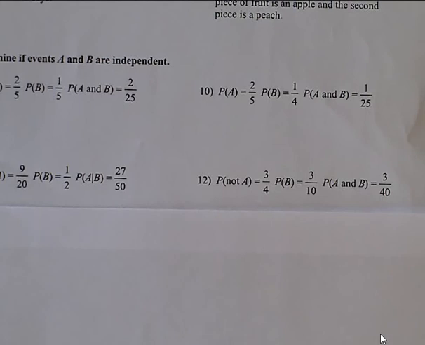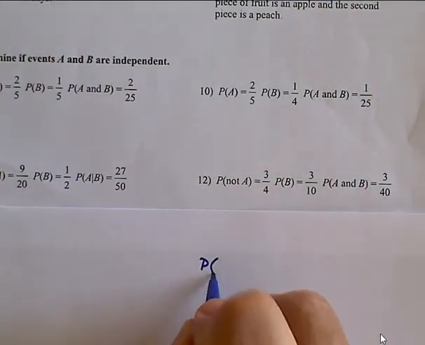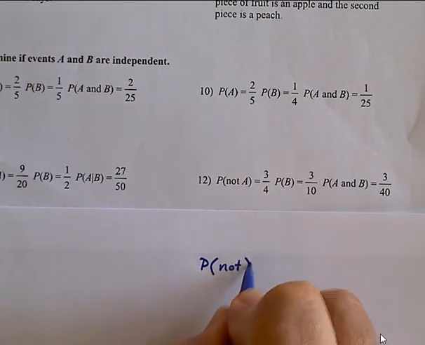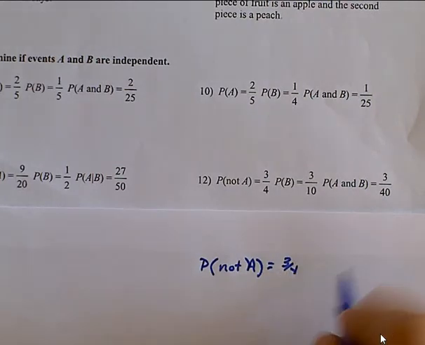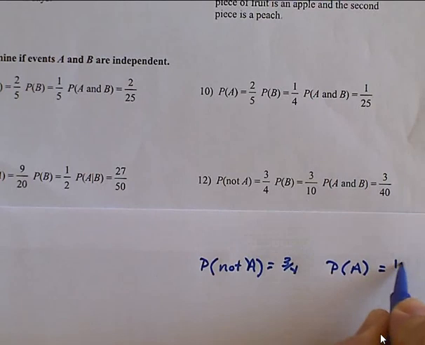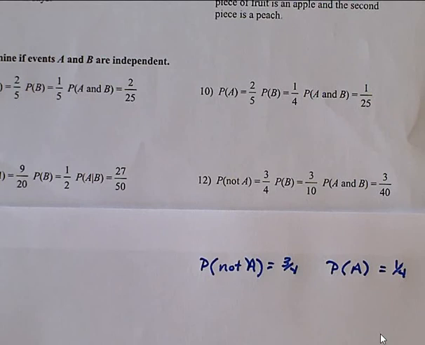Well, let's look at it this way. The fact that they use a complement again is part of my problem. So if I know the probability of not A is 3/4, then the probability of A actually happening is 1/4. 3/4, 1/4, they add to 1 when they're true complements like that.